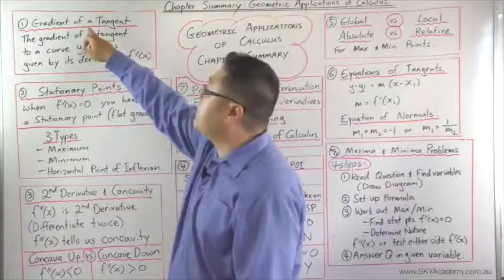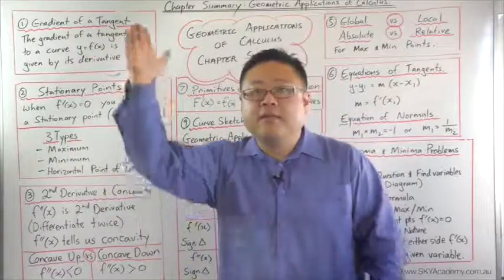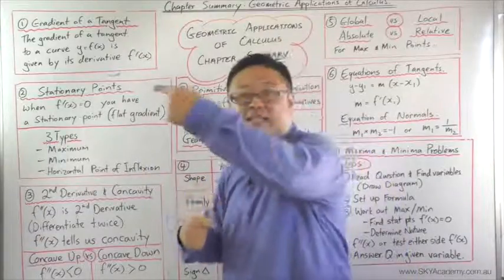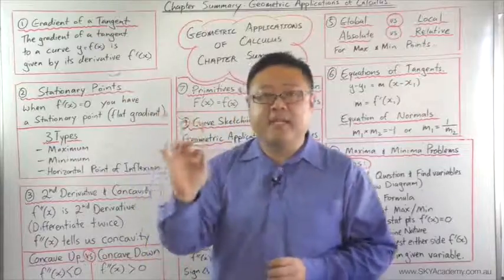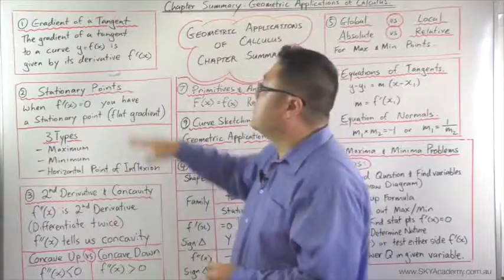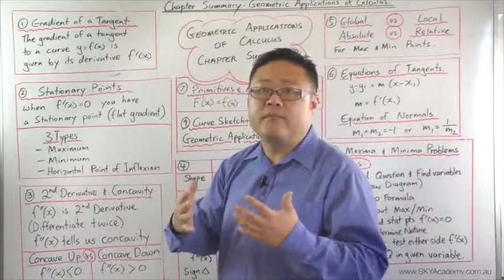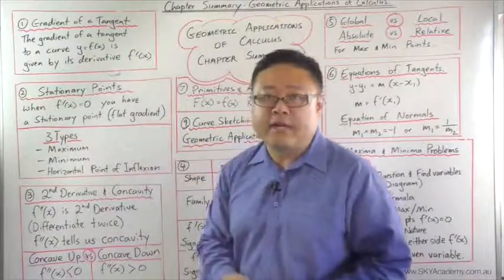And I say the gradient of the tangent because if you actually examine it, the tangent is a line that will have exactly the same gradient as the curve at that particular point at x equals 2. Yeah? So in other words, the tangent is a line that shares the same value for the gradient as the curve at the point of contact, right?